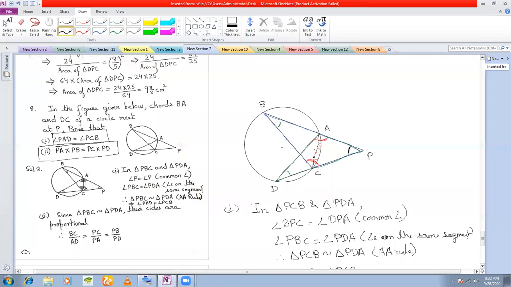Opposite to the red angle is which side? PB. And if you look at the other triangle, triangle PDA, opposite to this red angle is which side? PD.